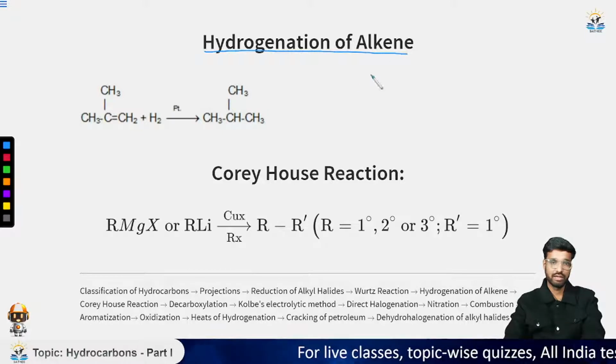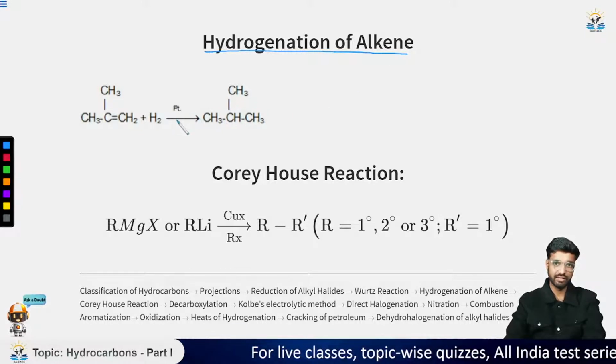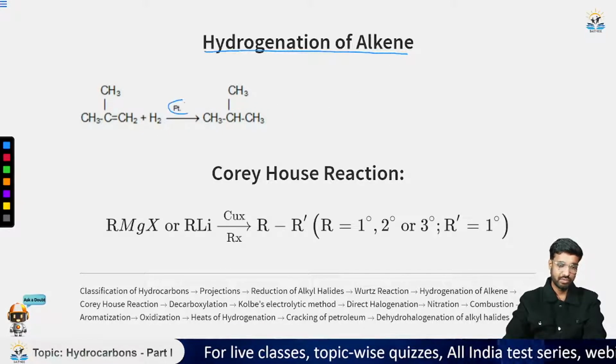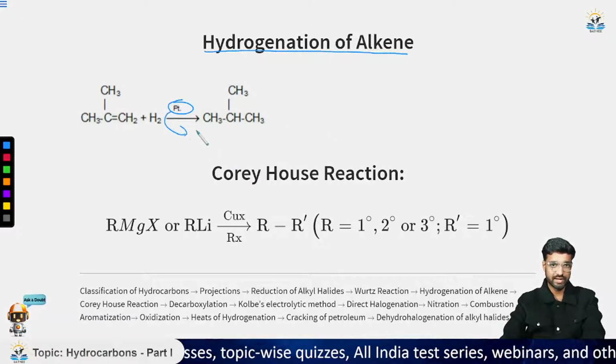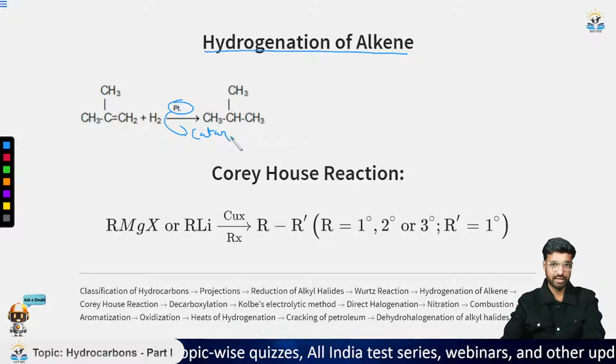Now, the third one is hydrogenation of alkene. It is a metal catalyzed reaction, and this is the catalyst that we have here.